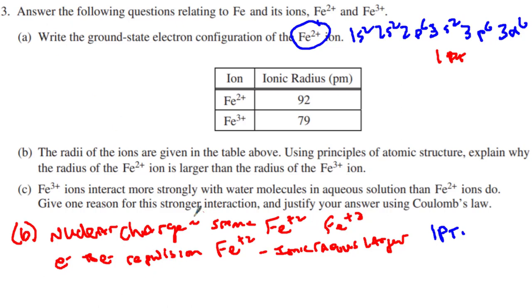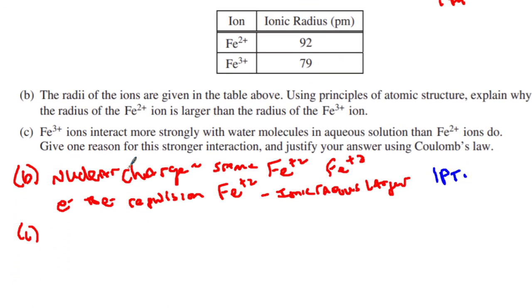Okay, and so that's worth 1 point for giving that discussion of the electron-electron repulsion, making that ionic radius larger. Then C is going to talk about Coulomb's law, and we're seeing how iron plus 3 ions are going to react with the water molecules. Remember, we call that ion to dipole interactions. And why would iron plus 3 interact to a greater extent with that water molecule?